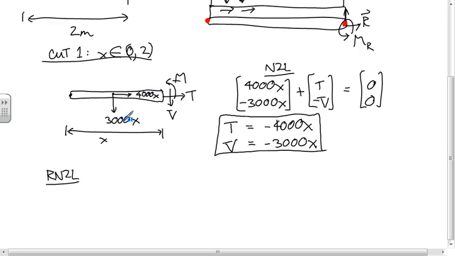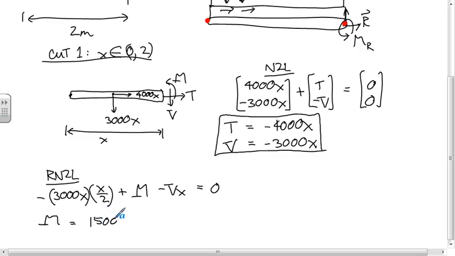We still have one due to the 3,000 x, just like we did in the last section of problems. What's the moment arm of this? X over 2, and is it clockwise or counterclockwise? Yep, so we got negative 3,000 x times x over 2 plus M minus V x equal to 0. So M is equal to 1,500 x squared minus 3,000 x squared.